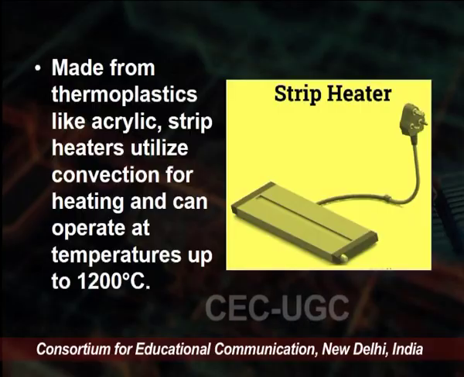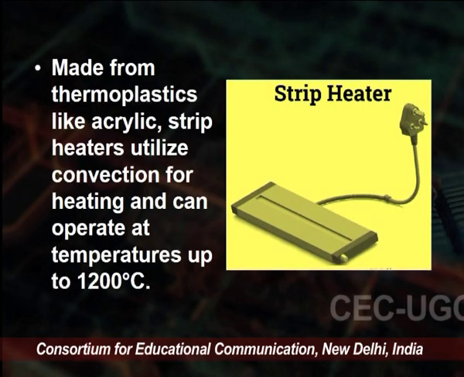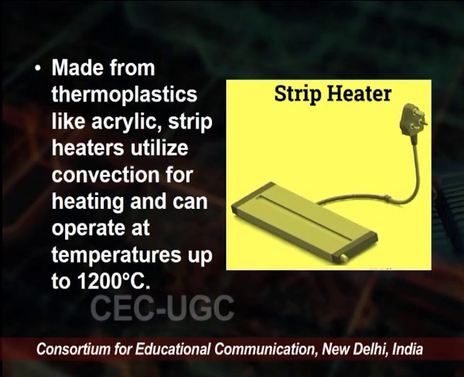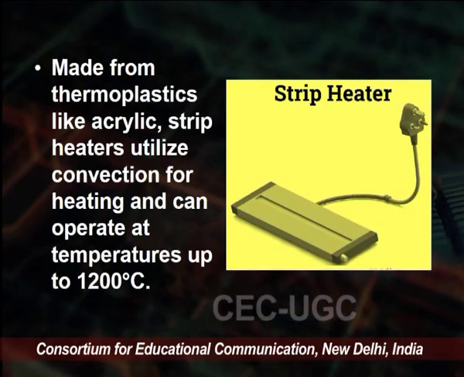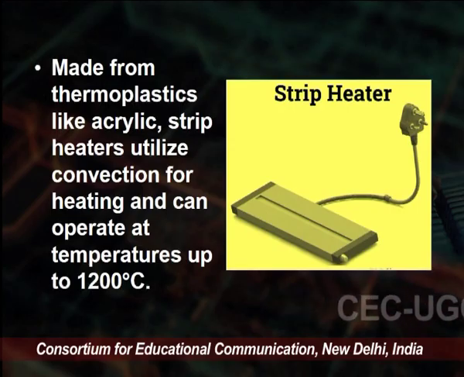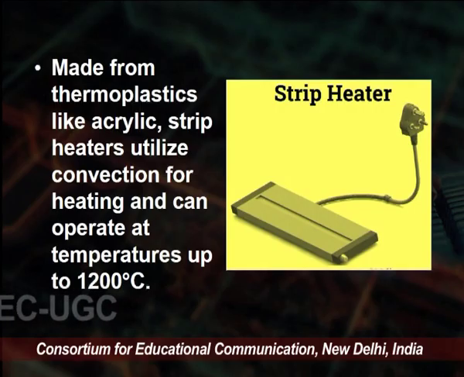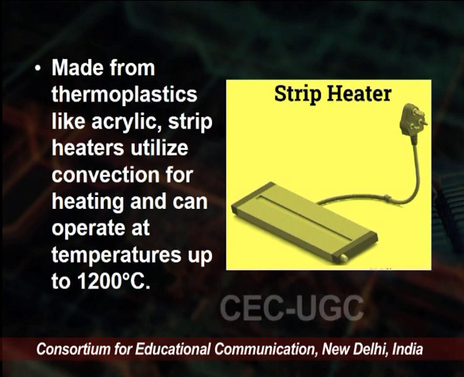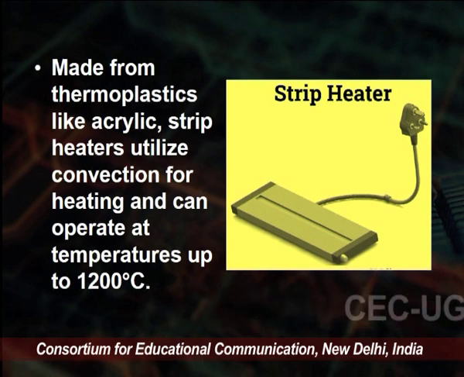Made from thermoplastic like acrylic, strip heaters utilize convection for heating and can operate at a temperature up to 1200 degrees centigrade. This is a very simple portable type of heater that can be used anywhere. The temperature is so high that it is suitable for other purposes also.